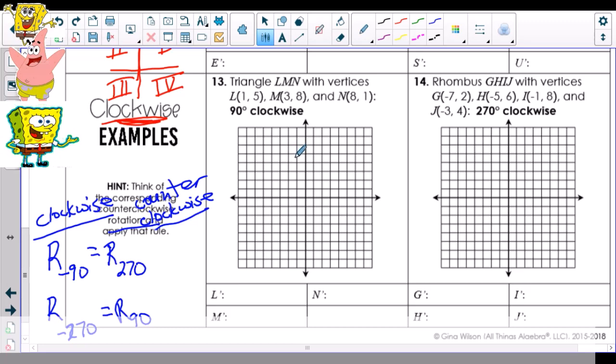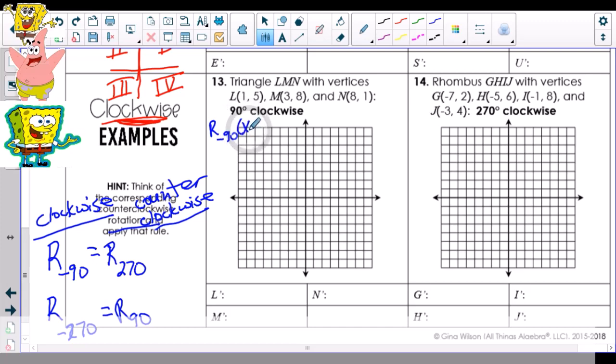On number 13, we're going 90 degrees clockwise. So 90 degrees clockwise is R negative 90, which uses the same rule as positive 270.